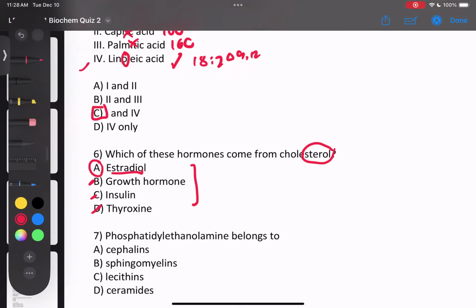Thyroxine is also a peptide. And that's why we have a table in the last parts of my handout, showing you the different derivatives or popular molecules that can be created from amino acids. Thyroxine can come from tyrosine. So these three are more created by amino acids instead.